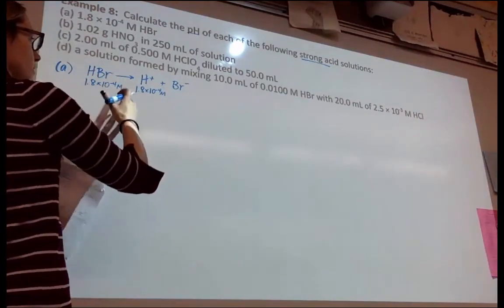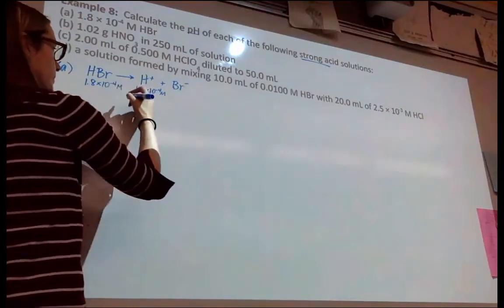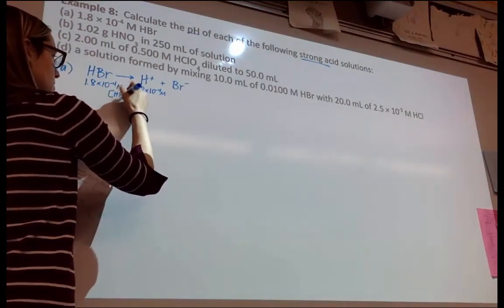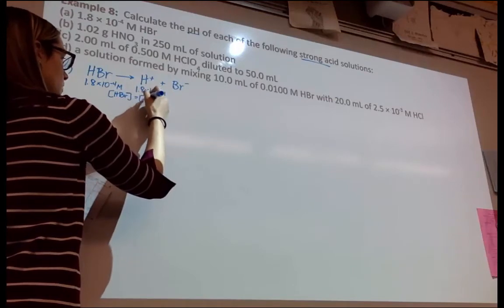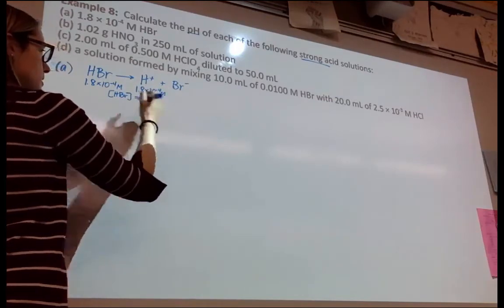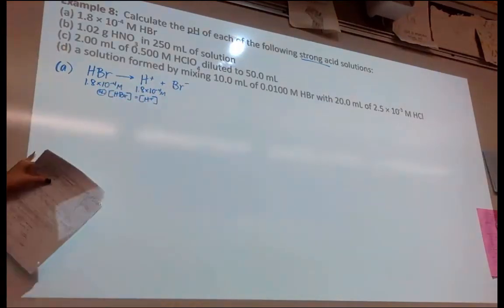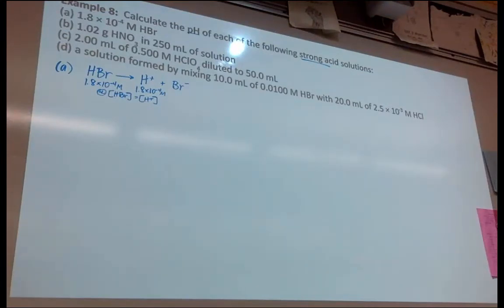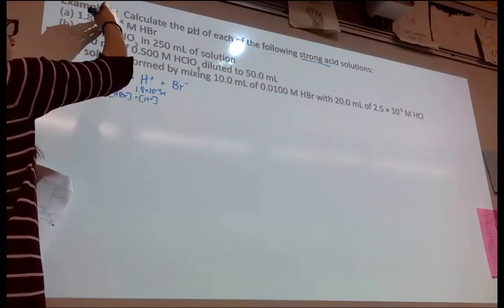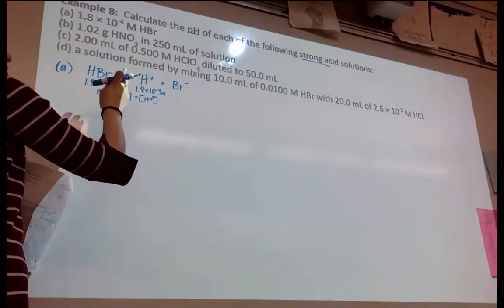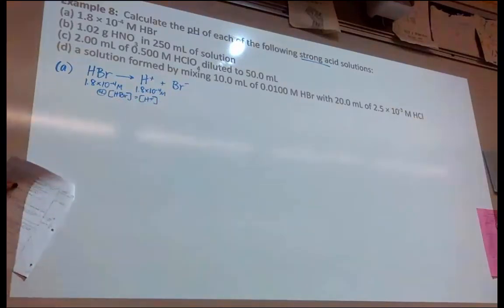Right? All of the HBr ionizes. So I notice here that the concentration of HBr equals the concentration of H plus. This is important because that's what happens when we have a strong acid. This is a 1-to-1, 1 acid, 1 H plus. So if they give us the concentration, we just start saying, okay, strong acid, H plus concentration is the same as that strong acid.